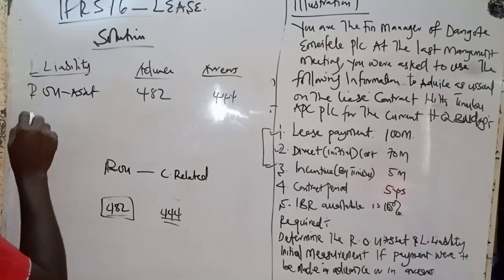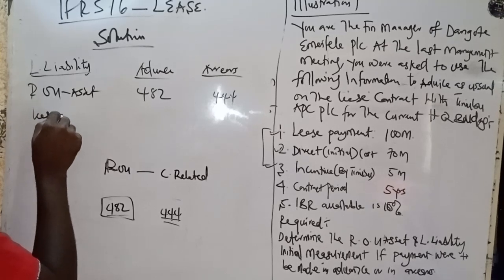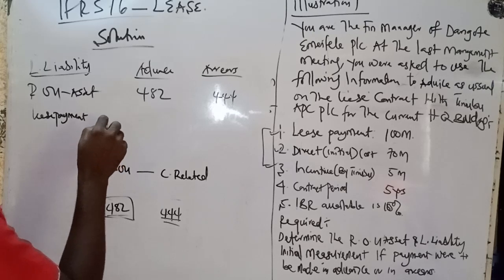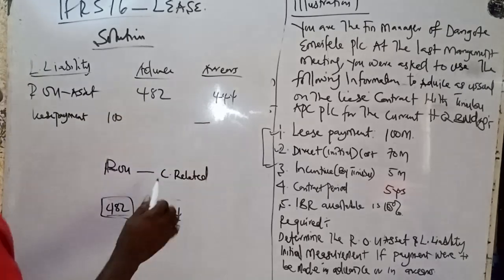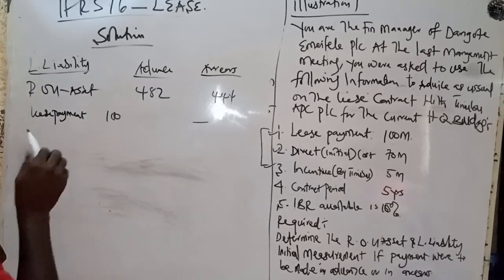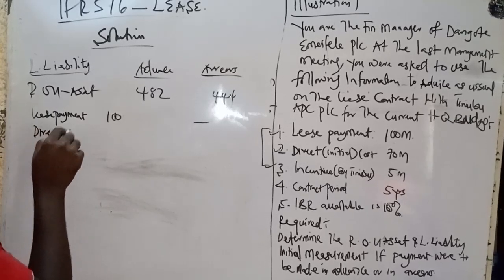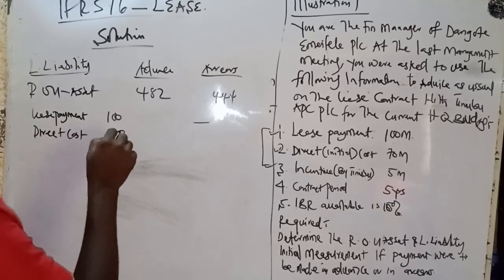So we have our first one to be the lease payment. Lease payment is a cash item. So we have 100 million, right? 100. There's none here. Then you have direct cost. What is the direct cost? We have 70. 70 is here.